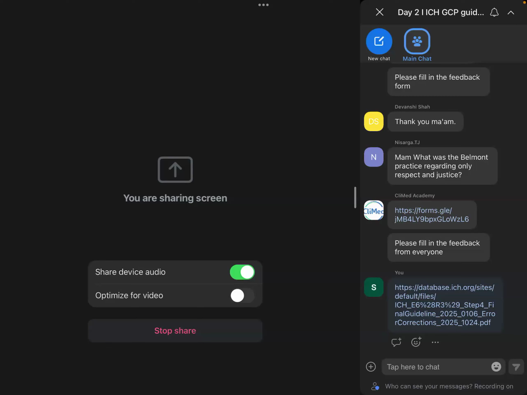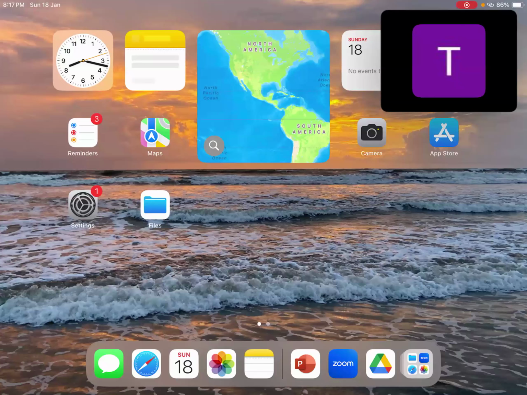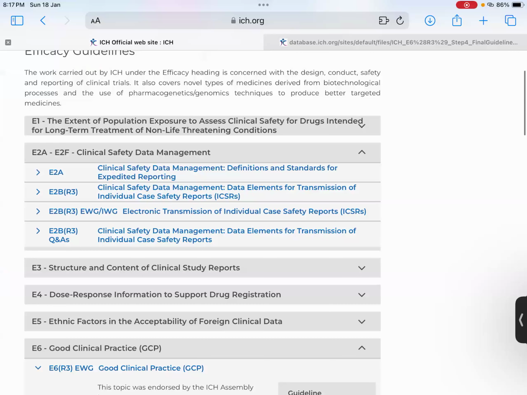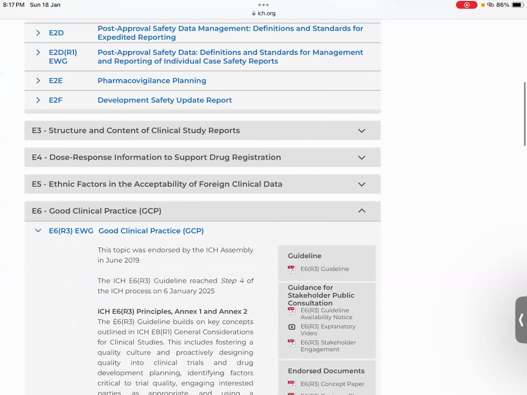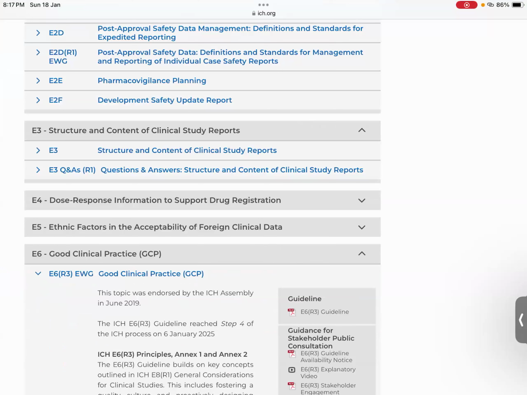Even if you have an interest in pharmacovigilance, you can study the E2A to E2F guidelines. They are all dedicated to pharmacovigilance. Then suppose you are a medical writer, or you are going to have an interview for medical writing, E3 is the guideline. You can even download the clinical study report.